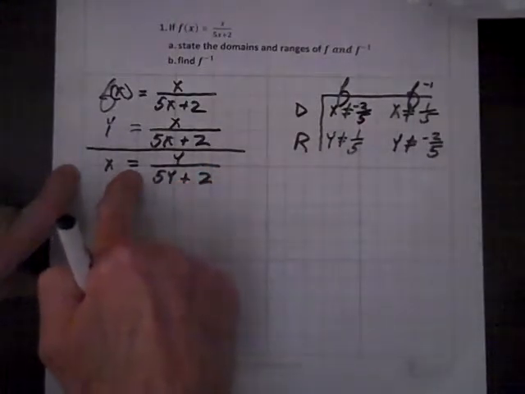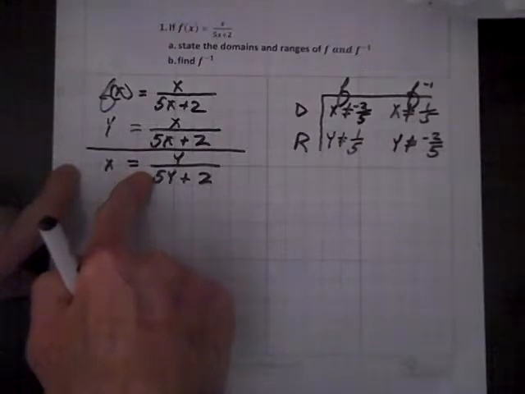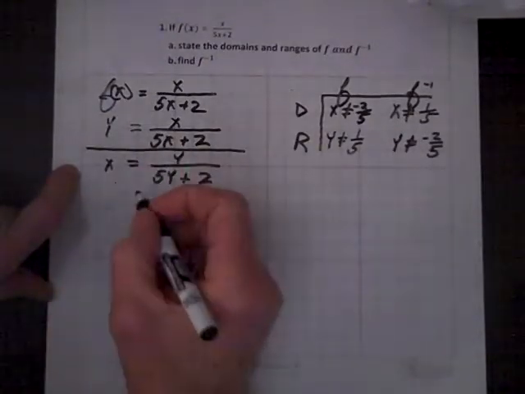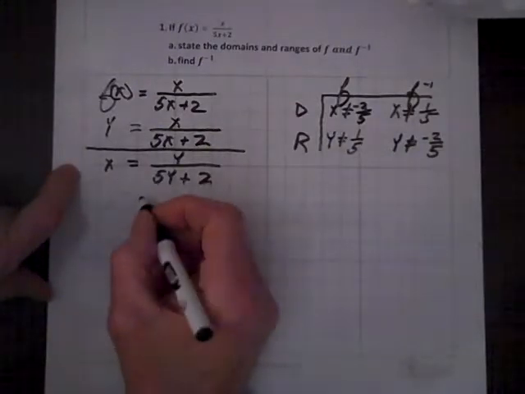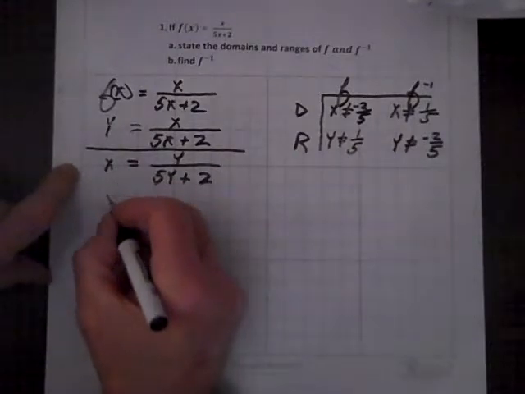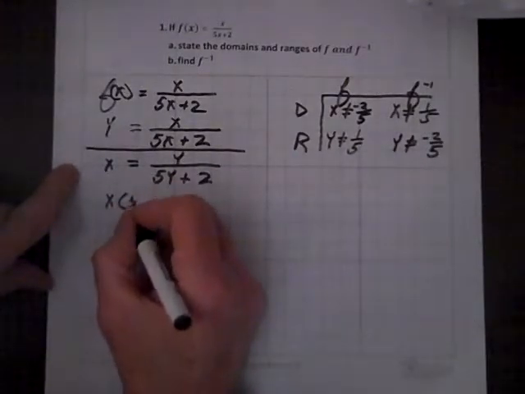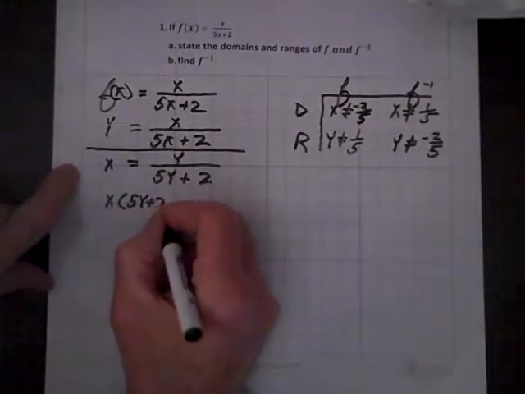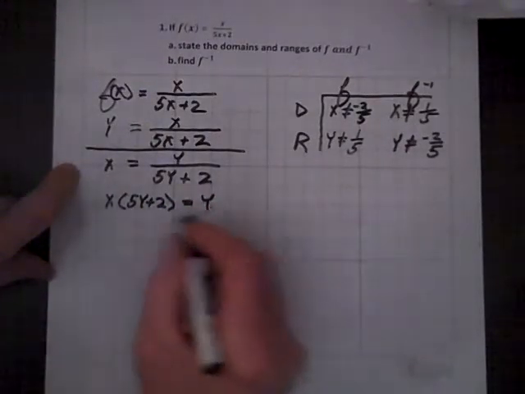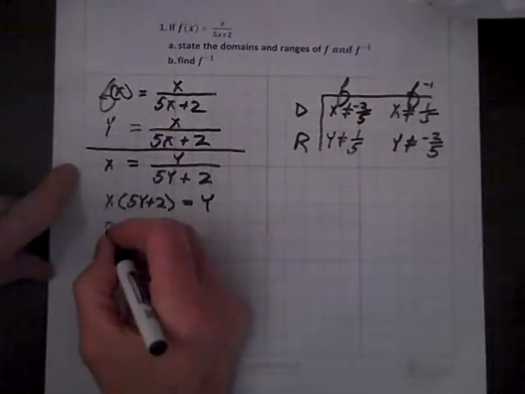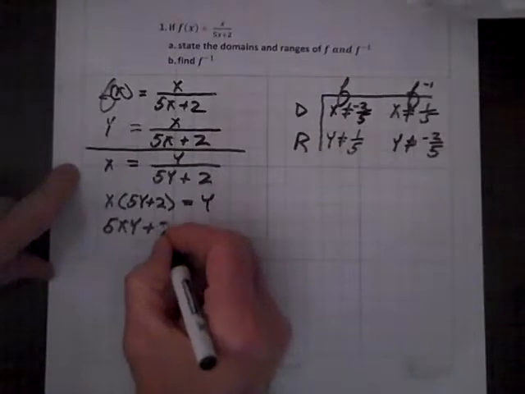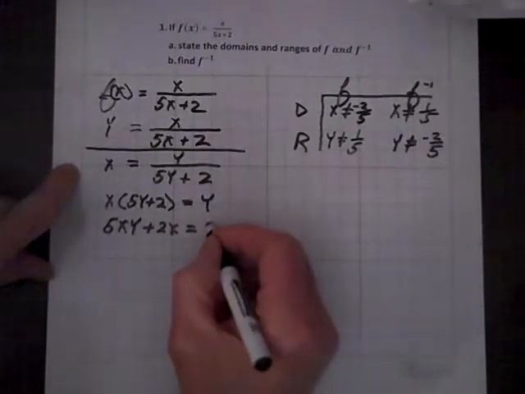This is the inverse function, but we've got to solve for y, and we'll replace y with f inverse of x. So let's multiply both sides by this denominator, and we get x times 5y plus 2, which equals y. Now we'll distribute that x, and we get 5xy plus 2x equals y.